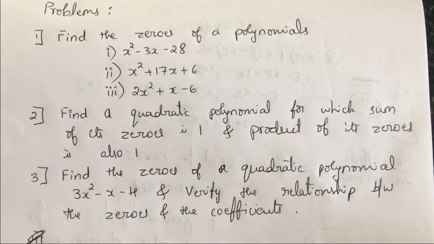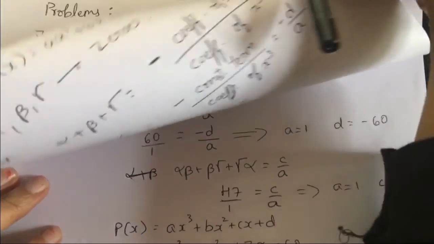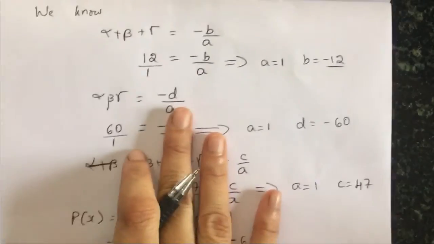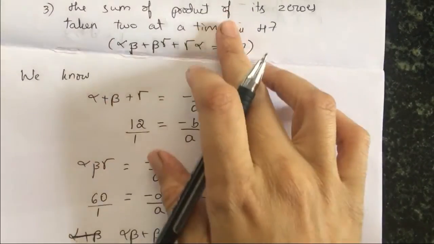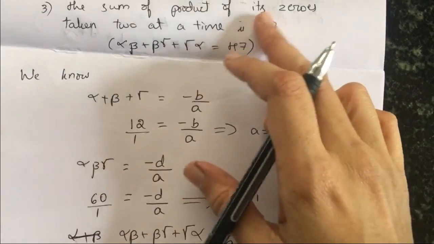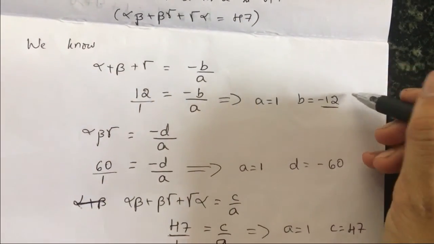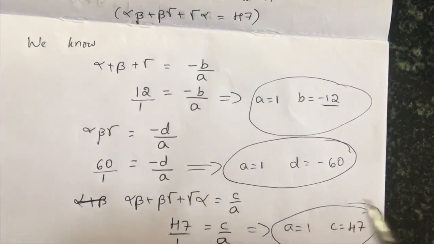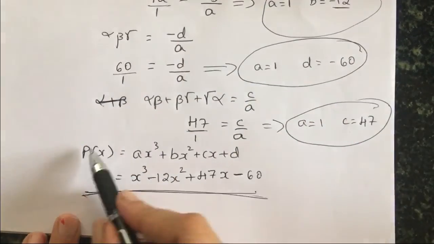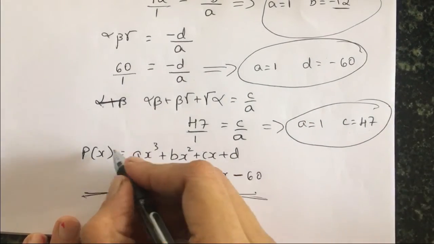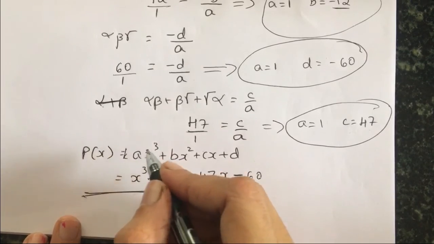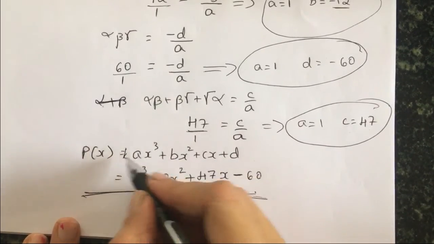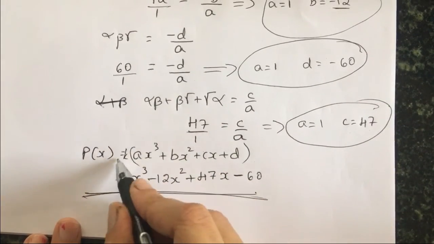So these are a few problems based on zeros of a quadratic polynomial. And for the cubic polynomial, I forgot to mention one thing. In this problem, they have given you these values, no? You can directly write this, but this is not the safest way. In fact, when we write this P of x in general, as I did in the quadratic polynomial, in the same way we multiply it by k.